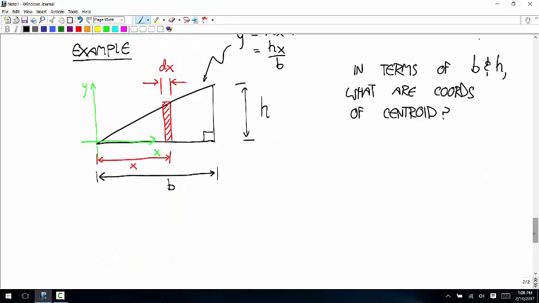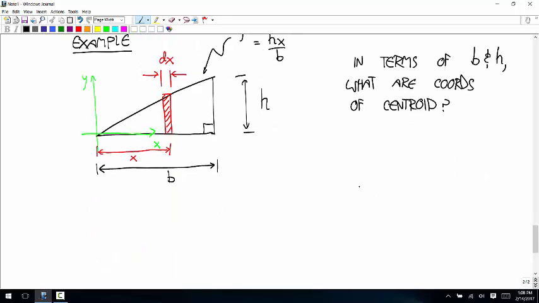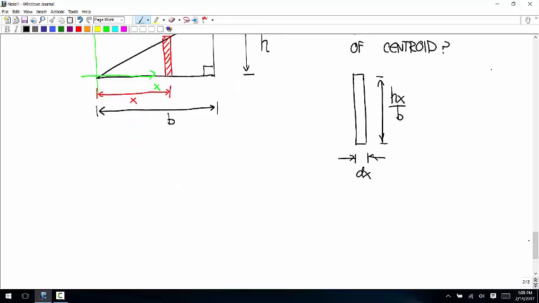Okay, so we're going to be dealing with these. We're adding up all these rectangles that have a thickness of dx and a height of hx over b. Okay, so let's go to this formula.